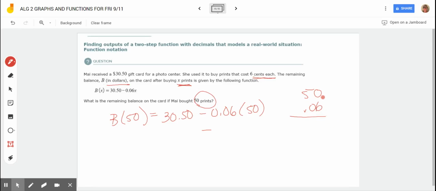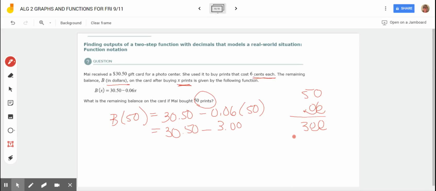Sorry. I should get a calculator when I do these notes, but I don't. Okay, $3? I think that's right? Tell me if I'm wrong. 50 prints times 0.06. There's 2 decimal places.